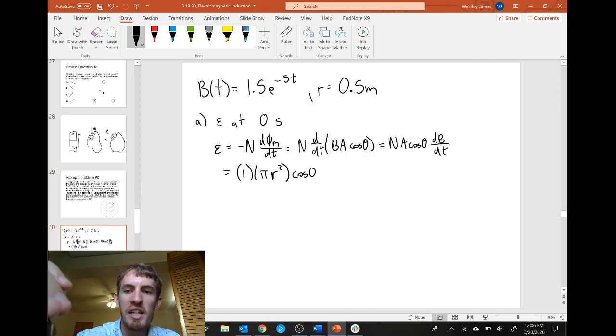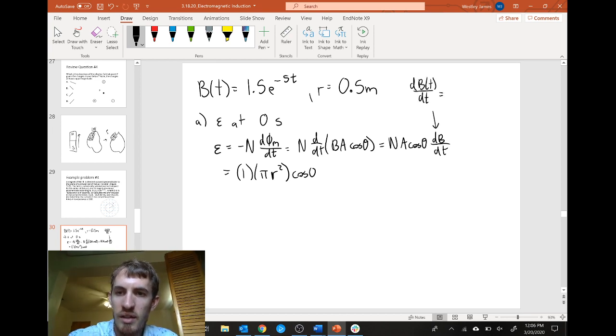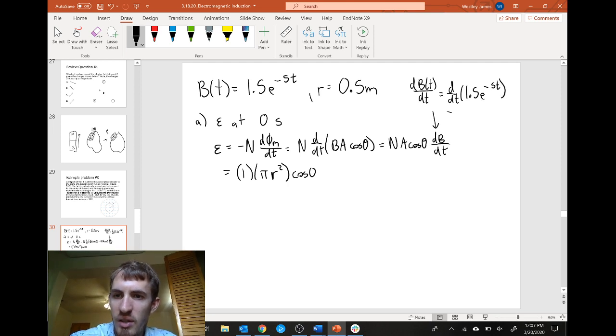What is dB/dt? Well, we're going to have to take the derivative of B with respect to time. So the derivative d/dt of 1.5 e to the negative 5t. So what does that equal? Well, I get 1.5 times a negative 5 times e to the negative 5t.